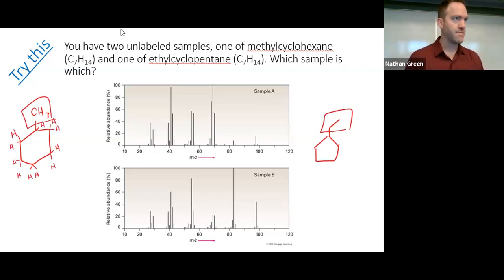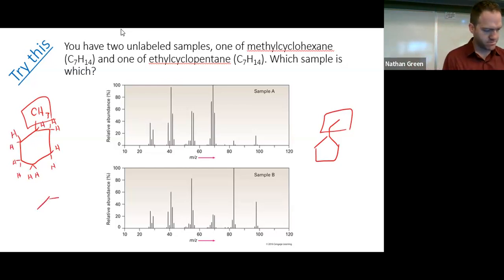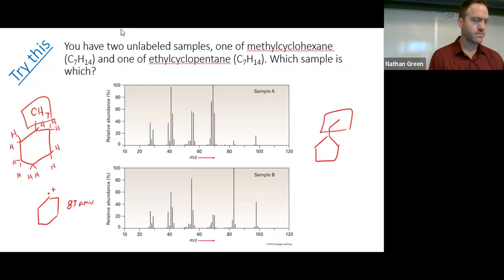So 72 plus 11, 83. This fragment weighs 83 atomic mass units. Do we think that this molecule came from sample A or sample B? Sample B, because look at that. There's a giant peak at 83. Well, gee whiz, where could that possibly come from?